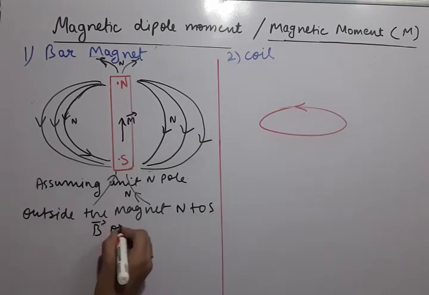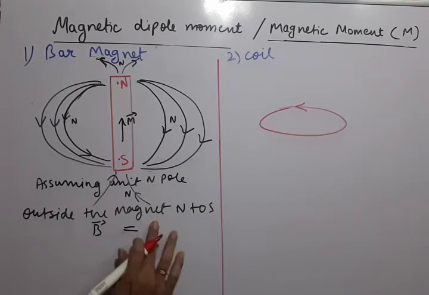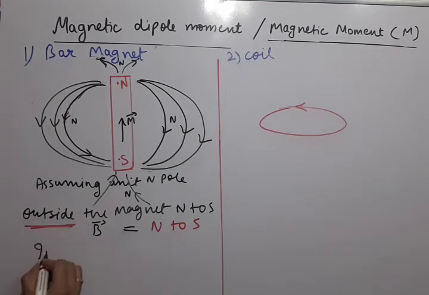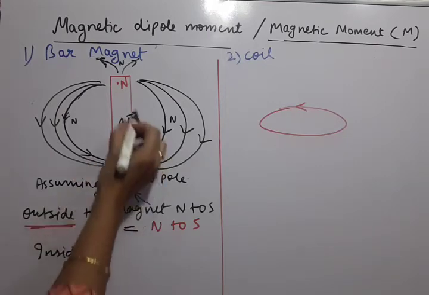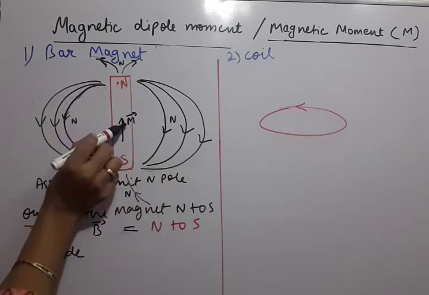So B, or the magnetic field, I should write it highlighting, is from N to S outside. But inside the magnet, going S to N, the M direction or B direction is the same.